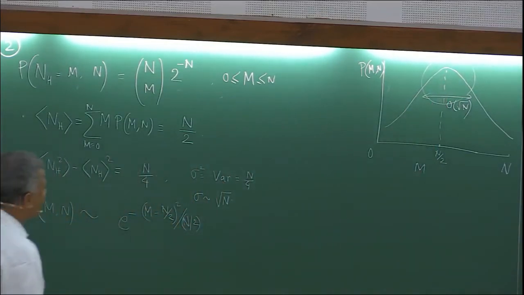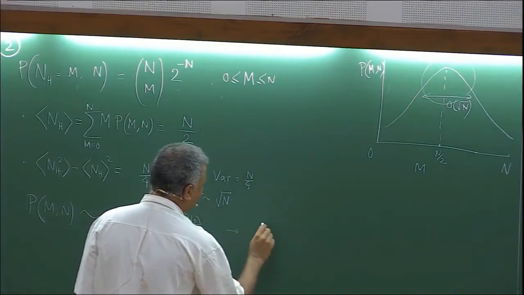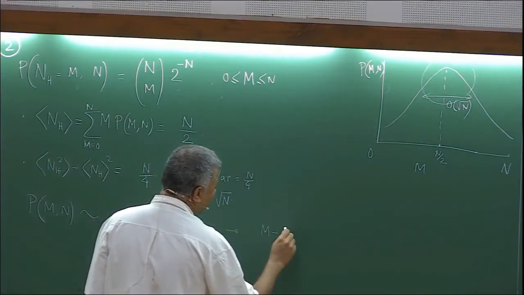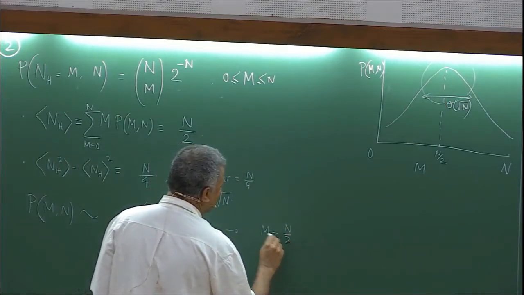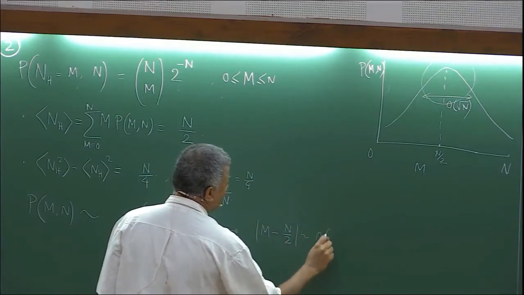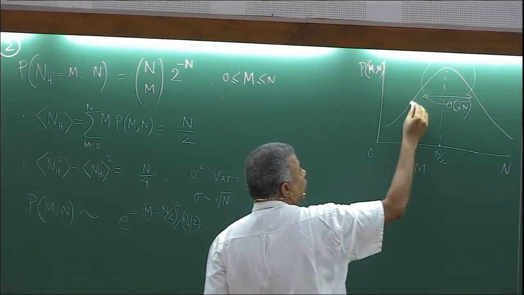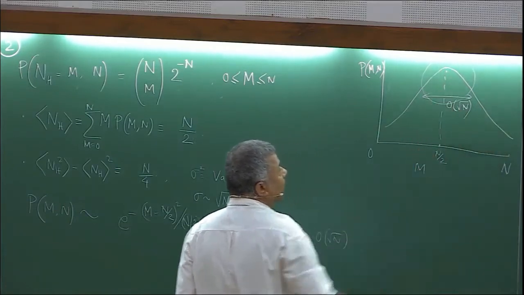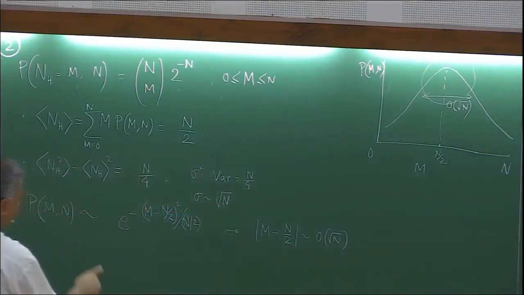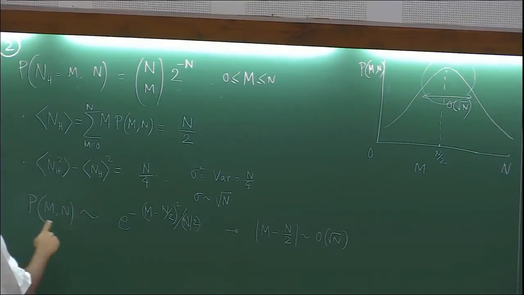Now, this is valid for typical fluctuations, when m minus the average value of m, which is n by 2, is of order root n. But if I go far away from this central peak, then this Gaussian approximation is no longer good. To see that, suppose I take this Gaussian form and want to look at the probability that n_H equals 0, which means m equals 0.